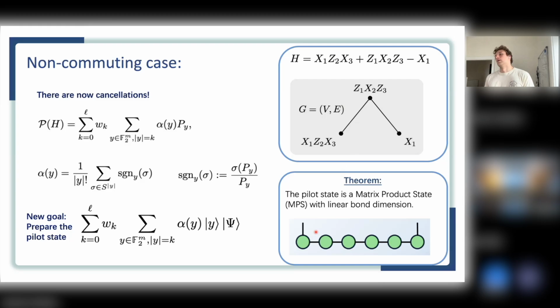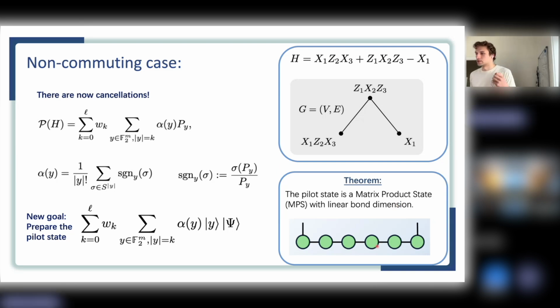What we show in this theorem is that if the anti-commutation graph is very sparse, in the sense that the largest connected component has size log n, where n is the number of vertices, then we can efficiently prepare this pilot state using a matrix product state preparation algorithm.